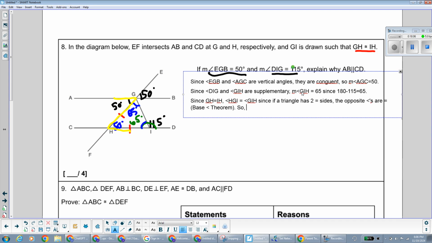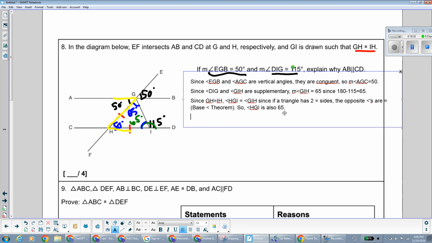So angle HGI is also 65 degrees, because before I mentioned angle GIH, that's this one, so I need this one, HGI. Hard to keep track of all these angle names. HGI. There we go.